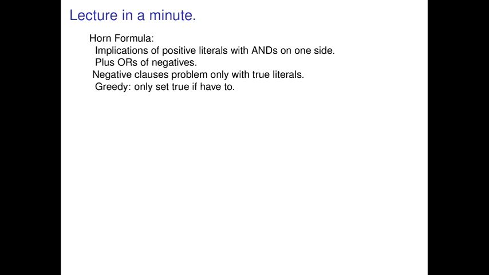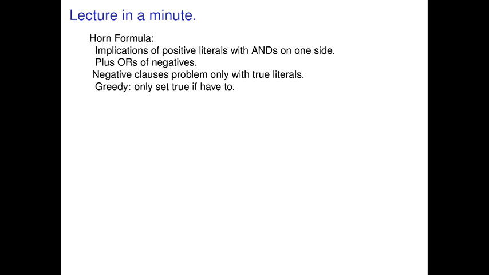We're going to talk about formulas. Formulas have Boolean variables with ands and ors and negations. But we're going to talk about a certain kind of formula called a Horn clause. There, you have clauses composed of implications, where on the one side you have only positive literals, no negations in these clauses.